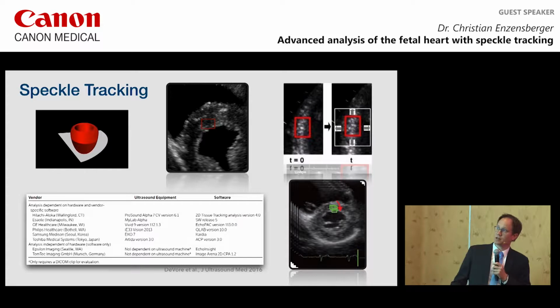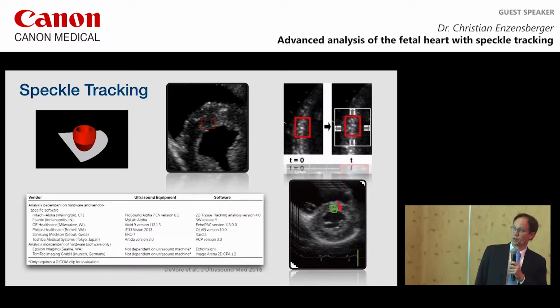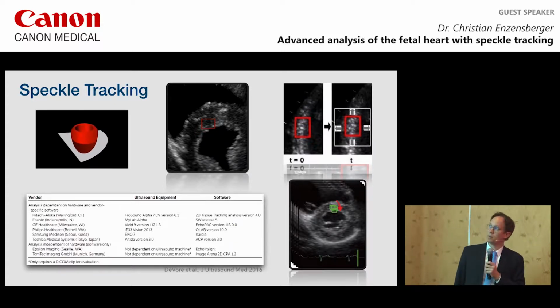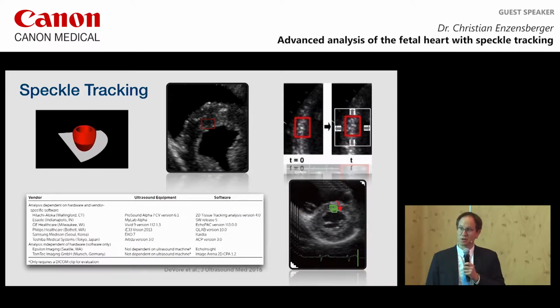As you can see here in this table, there are quite a lot of vendor-specific software solutions available, and we want to concentrate today especially on the one available by Canon, the one we have been working with in our department for several years now.